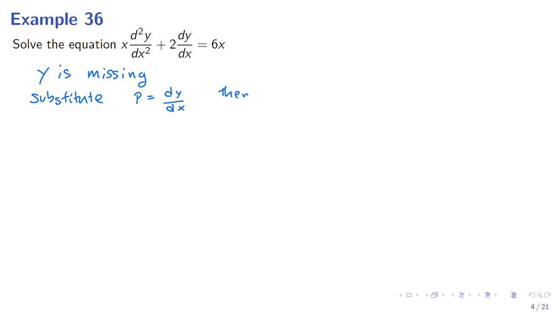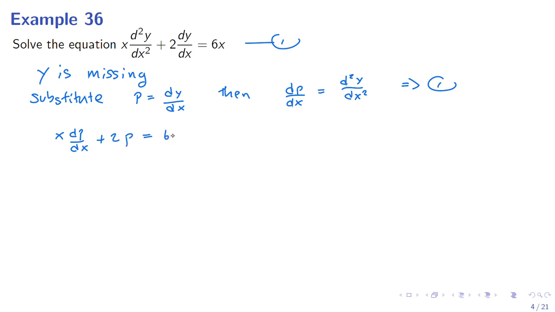Then we know that the first derivative of p with respect to x will be the second derivative of y with respect to x. So if we replace the terms and plug into equation 1, we will get x dp on dx plus 2p equals 6x.